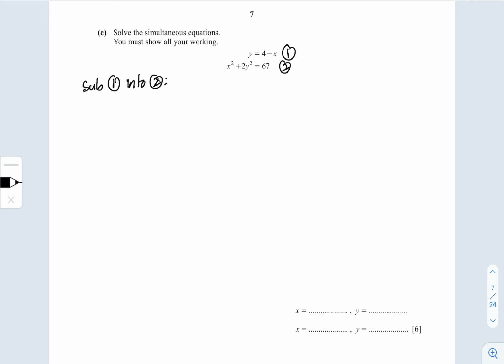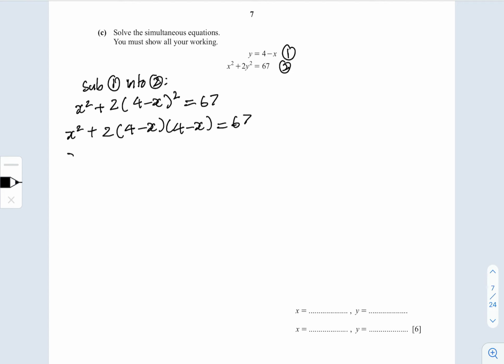We would therefore get x squared plus 2 bracket 4 minus x, which is from the y, squared equals 67. Now by expanding this bracket, we get x squared plus 2 bracket 4 minus x, 4 minus x equals 67. We would therefore get x squared plus 2 bracket 16 minus 8x plus x squared equals 67.